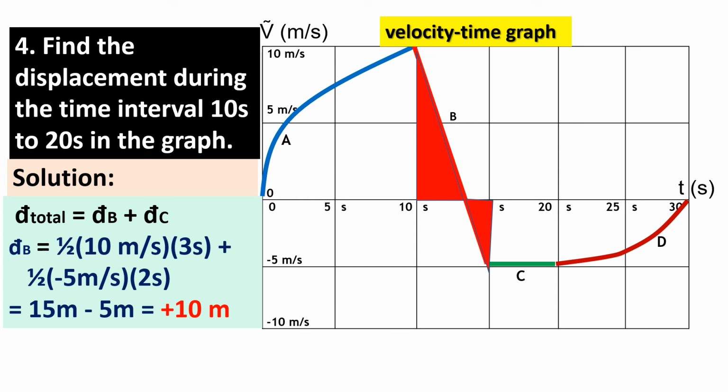And of course we still have the remaining 5-second interval, meaning the displacement of the body that's represented by graph line C, which is coming now in the next slide.